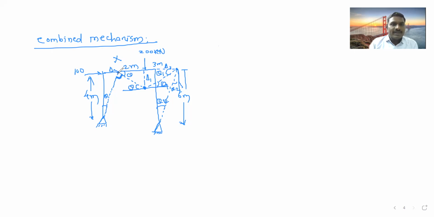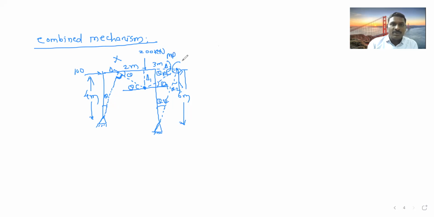At this B point, due to formation of this right angle, the movement will be absent in this case. So movement will be present here only, right? Movement will be present in this direction also.